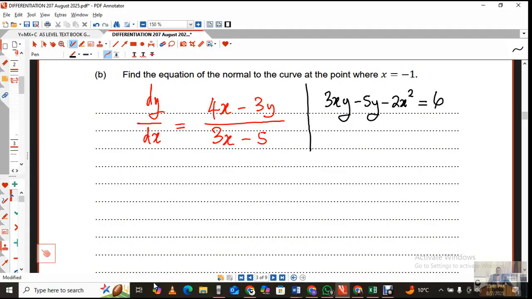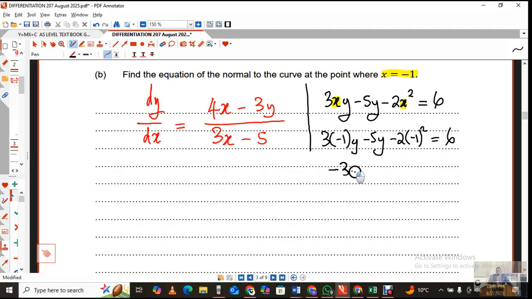Because your gradient is given in terms of x and y, so you need to be substituting an x value as well as a y value. So we need to find what that y value would be. So we are going to substitute this x equals -1 everywhere we have an x, to calculate what the value of y would be. So that would be 3(-1)y minus 5y minus 2(-1) squared is equal to 6.